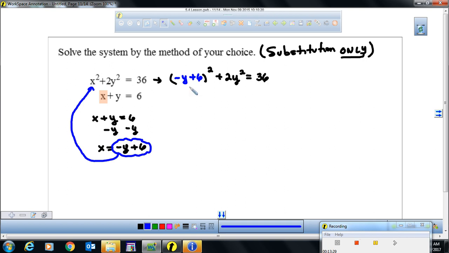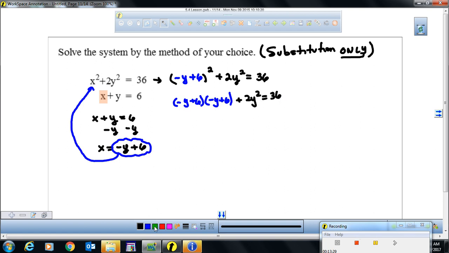If you remember, we have already done this before. Negative y plus 6 squared means that you have to multiply negative y plus 6 times negative y plus 6. We have to distribute it. Then plus 2y squared is equal to 36.